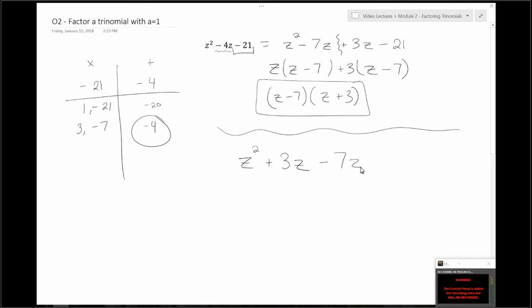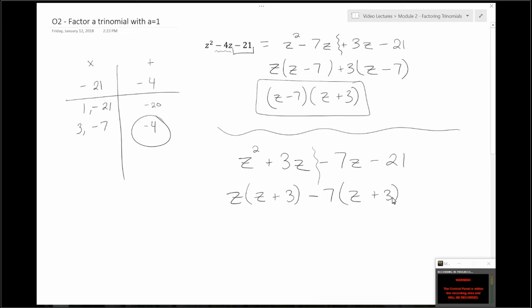Well, let's see. We'll still try to pull out the GCF of our first two terms, which is again z, and that'll leave us with z plus 3. And in these second two terms, we'll pull out negative 7, and that also leaves us with z plus 3.